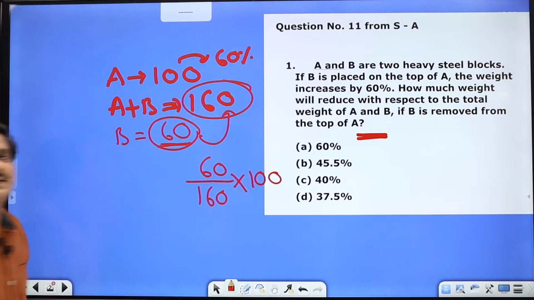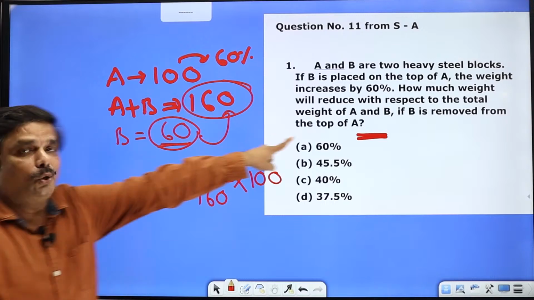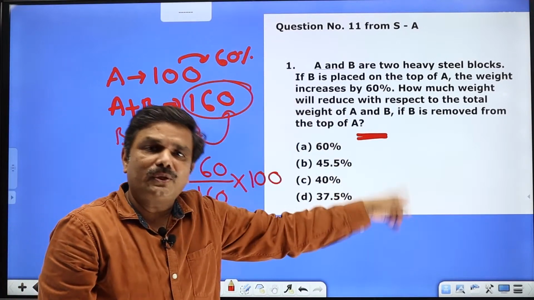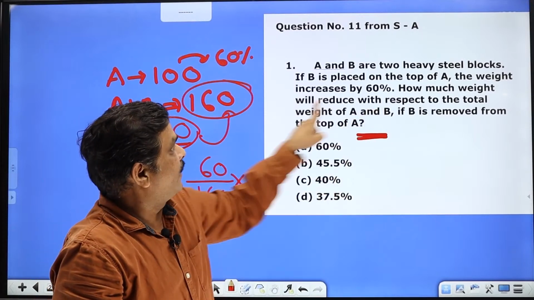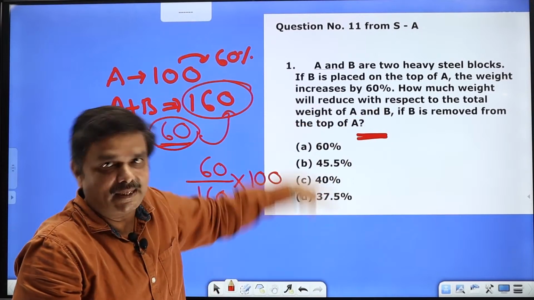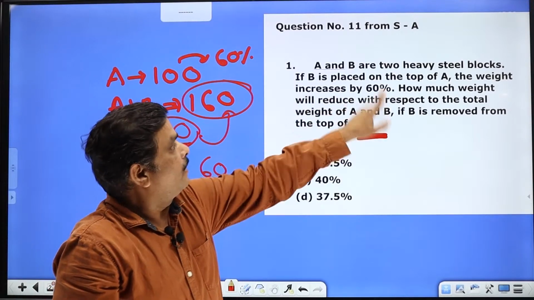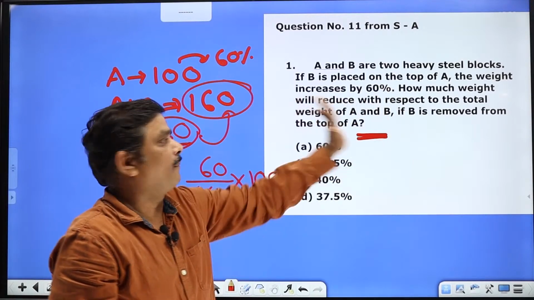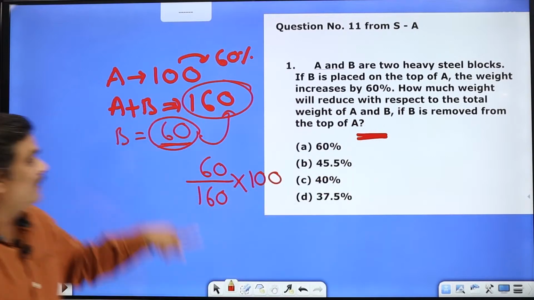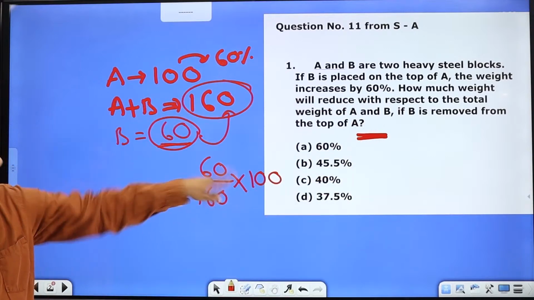That's it. Okay, here clearly don't get confused here. A good question, simple question, but having some twist. So here, how much weight in terms of percentages, right? How much weight with respect to weight of A and B will reduce if B is removed from the top of A? That means that is 60 by 160 into 100.